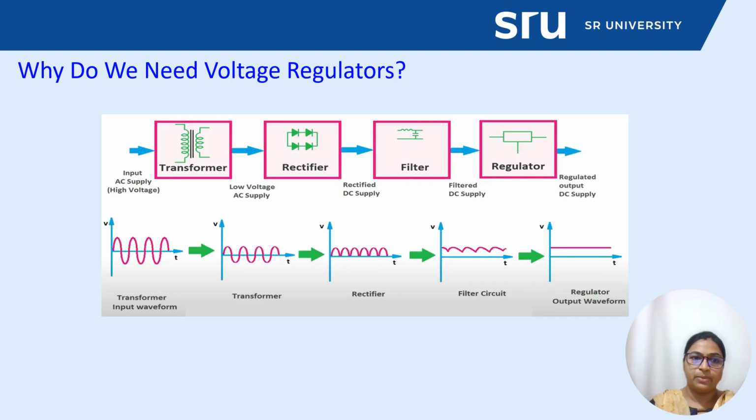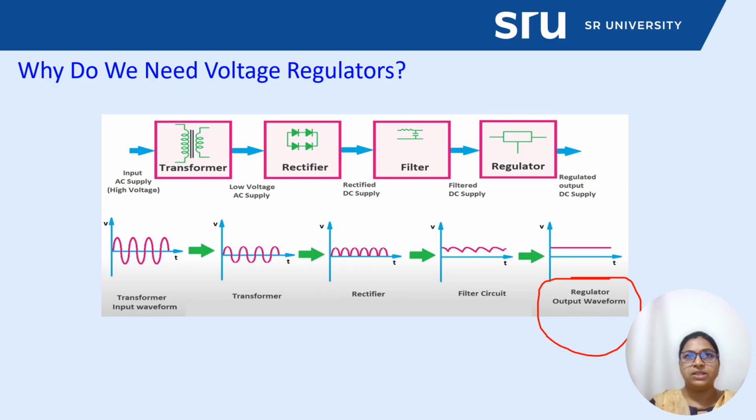This is the transformer, input waveform, and rectifier: low voltage AC supply, filters rectifying the DC supply, and the regulator regulating the output DC. We can see that irrespective of the variation of your input signal, we can get a regulated output waveform using the regulator.